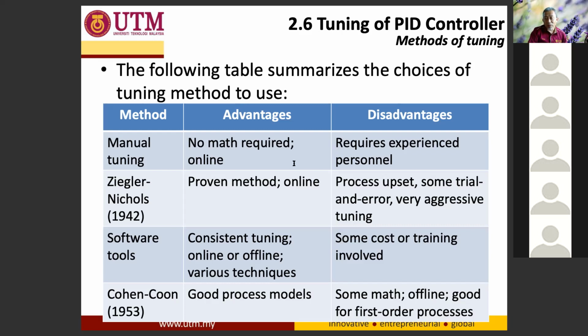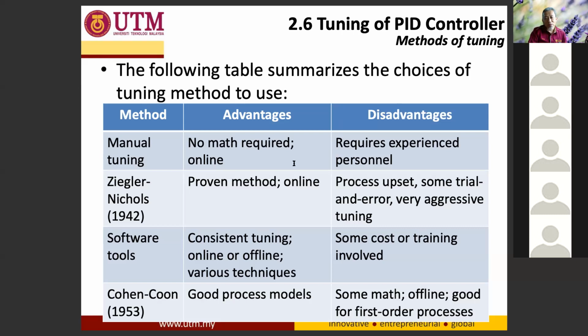The disadvantage is that it requires experienced personnel, someone with at least 10 or 20 years of experience. If we send new graduates from UTM to do this, I'm quite worried they don't know anything, they cannot blend the knowledge of the PID controller, so they will destroy the system totally, including the system and the controller.